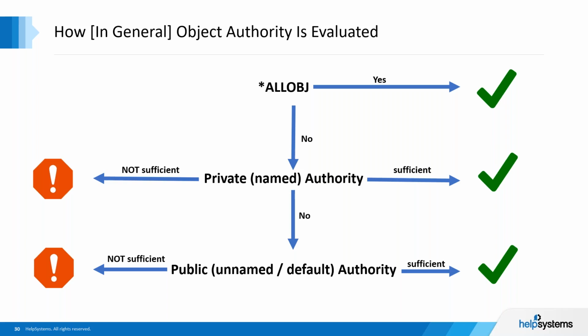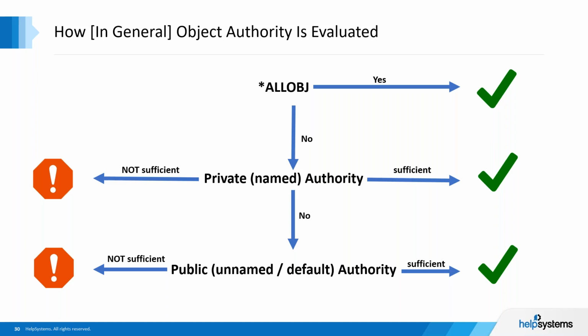Now, there's lots of steps involved in that evaluation, but I've broken this down into 3 primary ones here just to simplify it for the discussion. When a user says, I need to access a particular object in a library, the operating system goes through this algorithm the same way every single time. It is extremely consistent. So if you find that a user is accessing an object and getting an error where they didn't before, something changed.